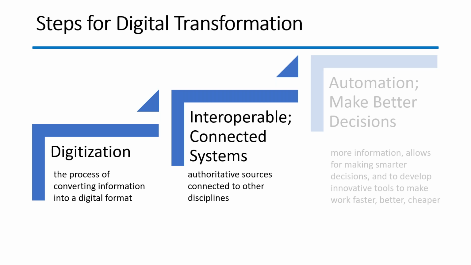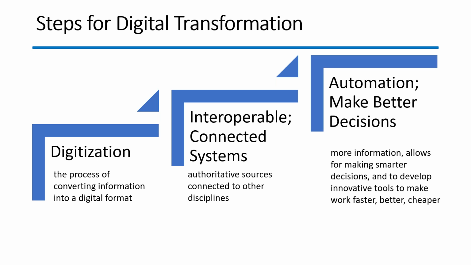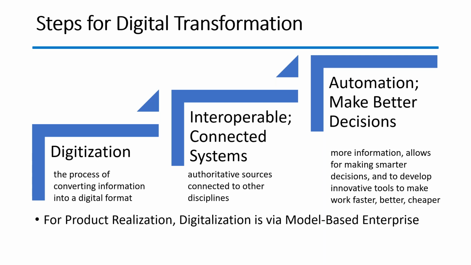The next step is interoperability, where you want to connect these systems together, so you can have authoritative sources of data, and then they're connected to other disciplines. And then with that connected data, you have more information that allows you to make smarter decisions, and then even allows you to have tools that automate some of this decision making for you.